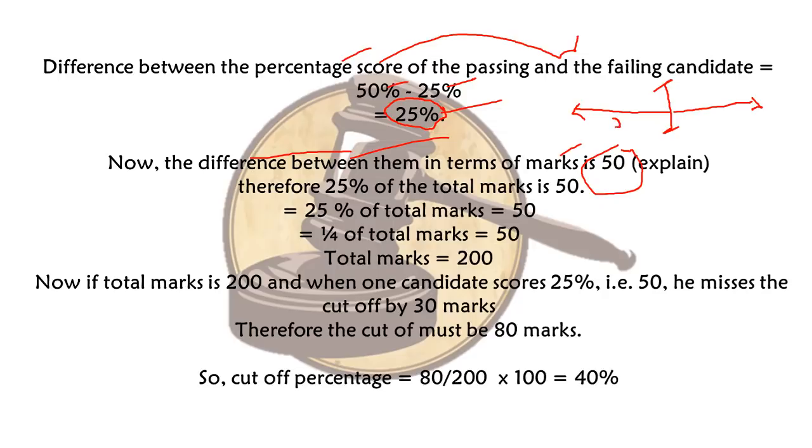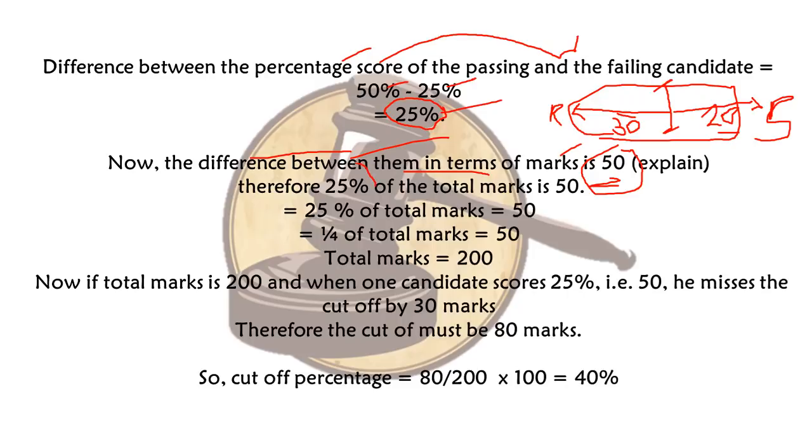So this is 30, and the candidate who was selected got 20 marks more than the cutoff. So this is the selected candidate, this is the rejected candidate, and this is the cutoff. He got 30 less than the cutoff, he got 20 more than the cutoff. So the real difference between them is 50 marks. Understood? So the difference between them in terms of marks is 50.